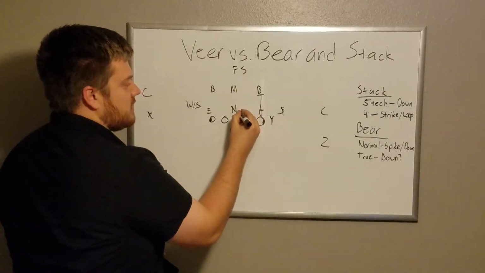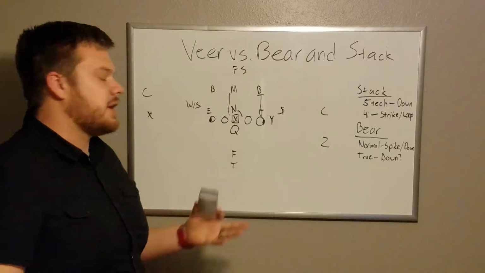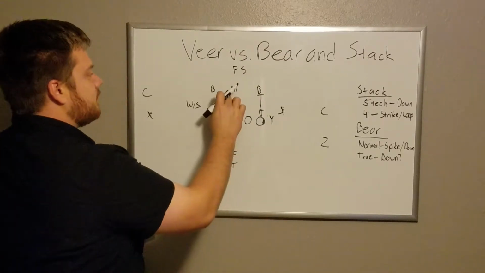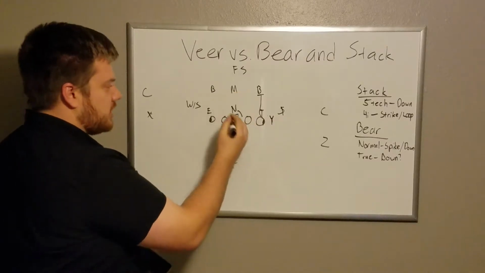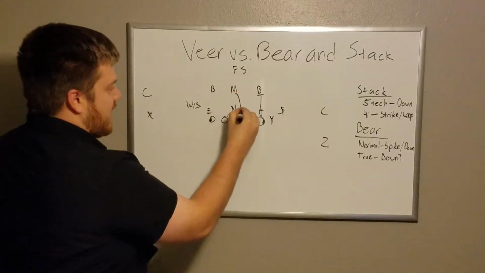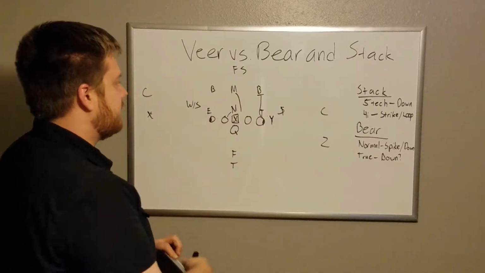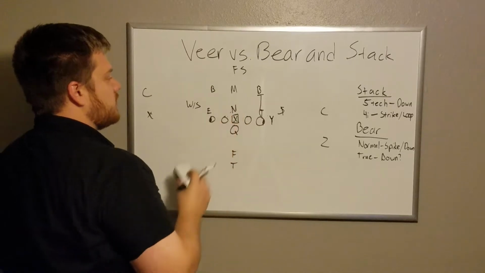So if the nose comes into this gap, usually this mic is coming there, or he may blitz there. If they're just having him read, he may try to scrape across, but usually he's going to have that gap. If the nose comes underneath, usually the mic has this gap in a stack defense. So, again, those 3 have those 2.